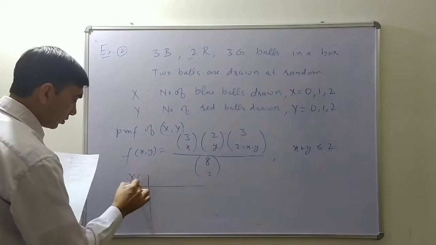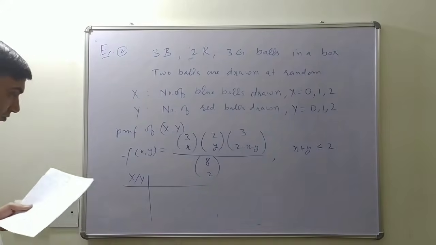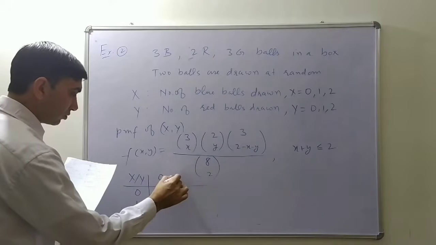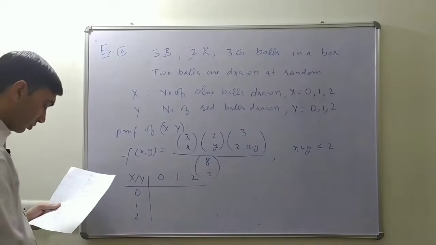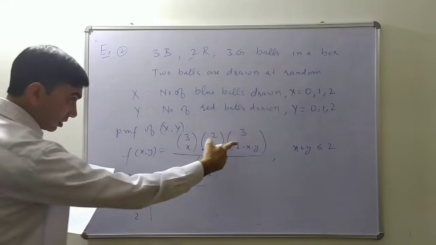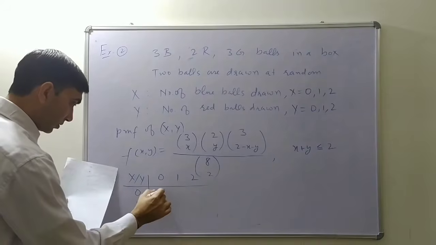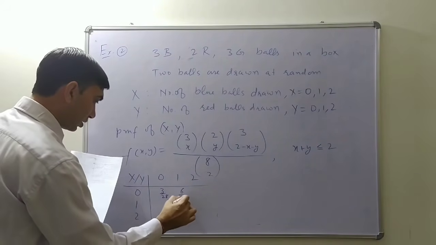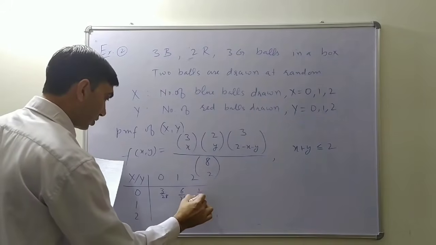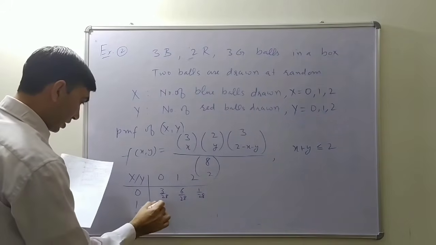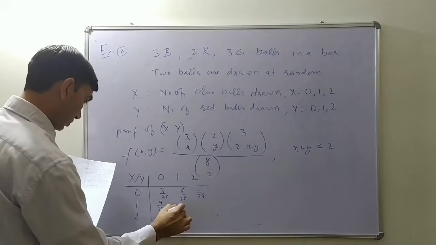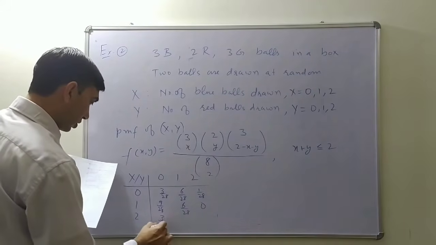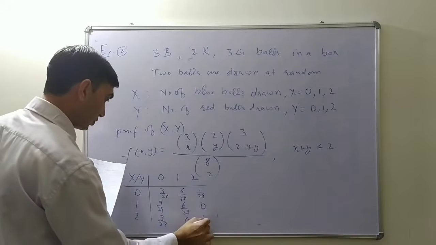I'm writing the table, you do the calculations yourself and see what you get. These are x values, these are y values, 0, 1, 2, 0, 1, 2. Corresponding probabilities you can calculate from this formula, and these are 3 by 28, 6 by 28, 1 over 28, then 9 over 28, 6 over 28, 0, 3 over 28, 0, 0.